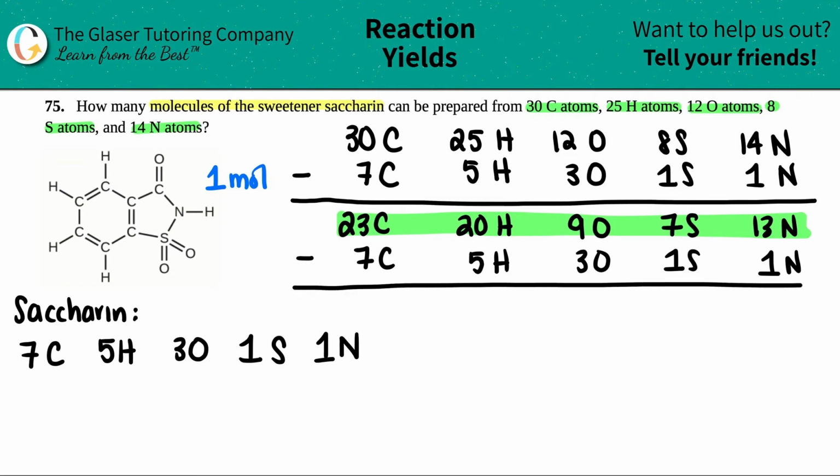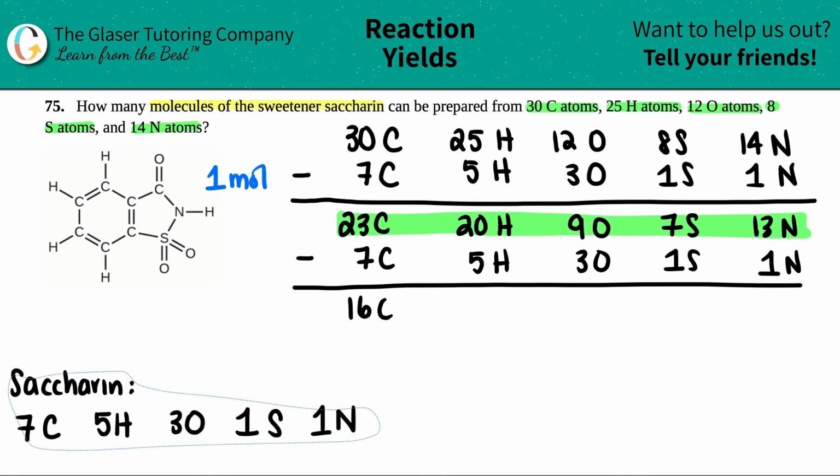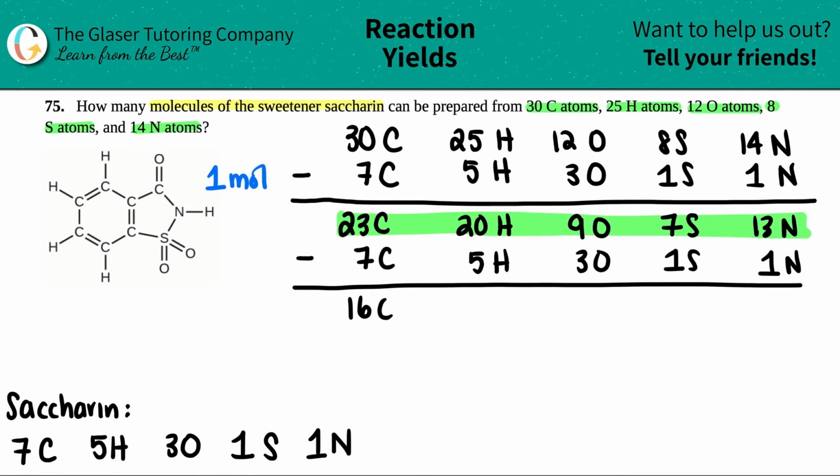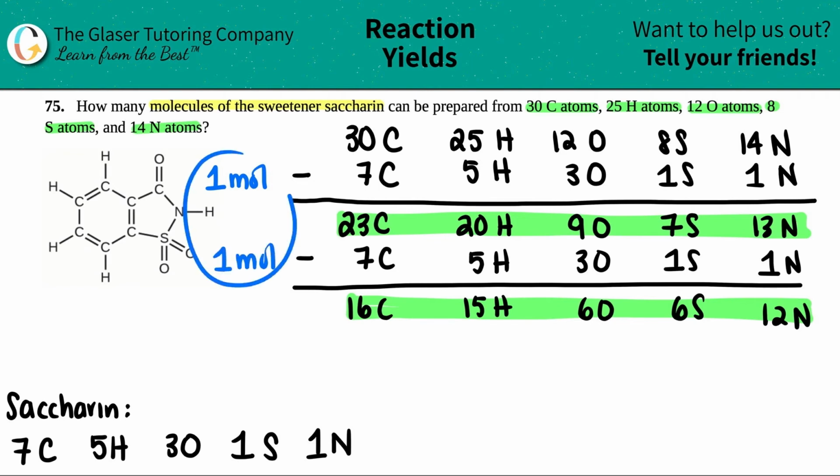Let's see, is it gonna break the bank? 23 minus 7 is 16 leftover carbon. 20 minus 5 is 15 hydrogen, so still good there. 9 minus 3 is 6 oxygen. We got 6 sulfur, and we got 12 nitrogen. Okay, we are good to go. We have all positive numbers, which means that the second molecule I could have made. So now I have a total of 2.